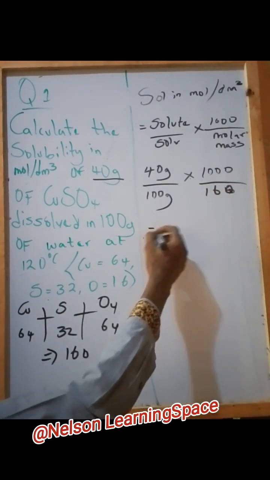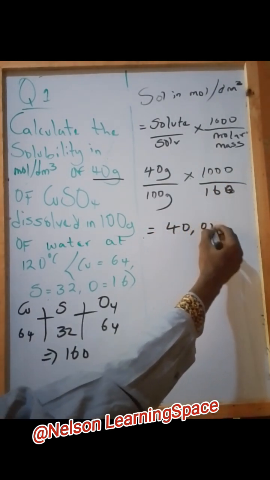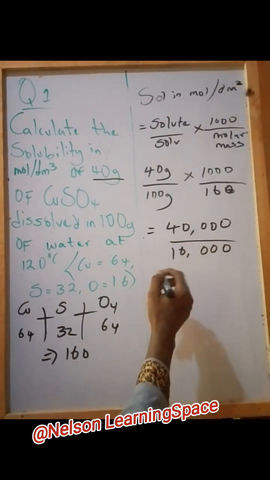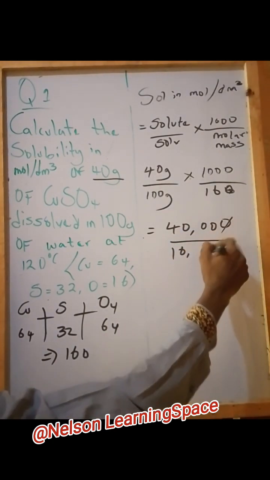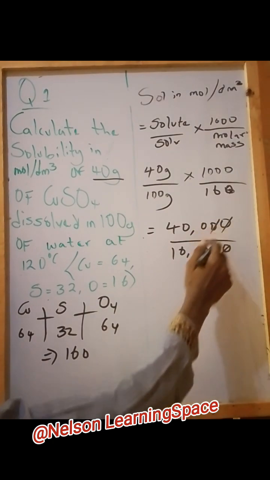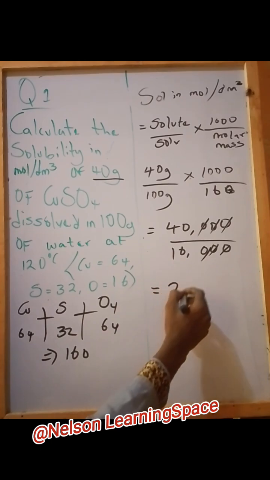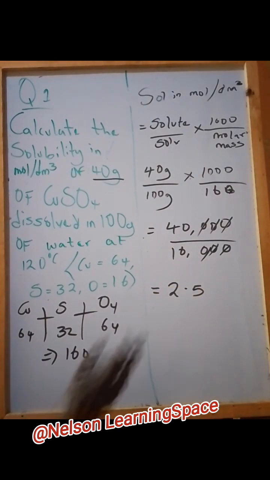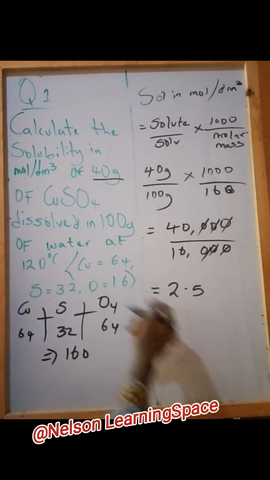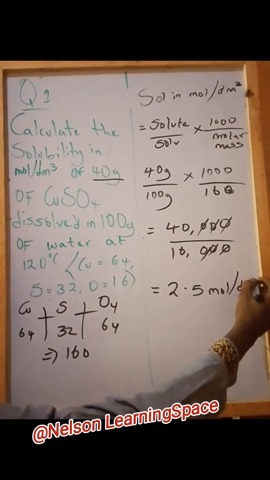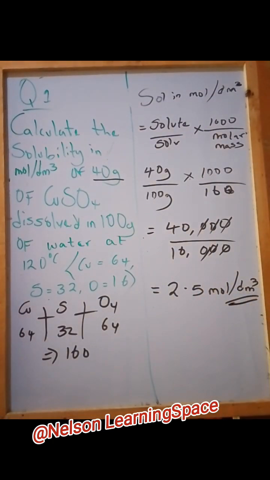So that's it, equals 40,000 over 16,000. Then let's divide: 40 over 16 equals 2.5. Then what's the unit? Mole per dm cube. We're done. Now let's try number 2 before I give you something to try on your own.